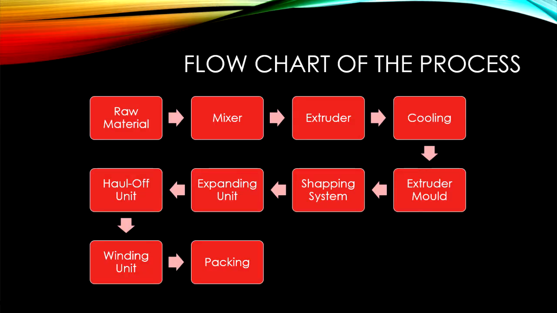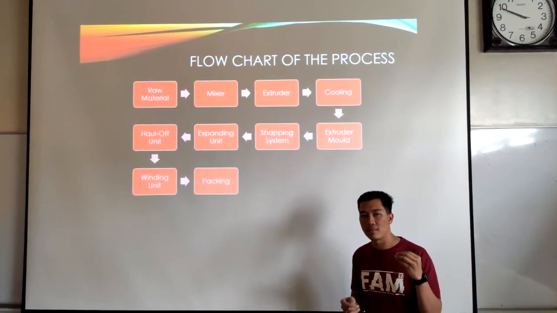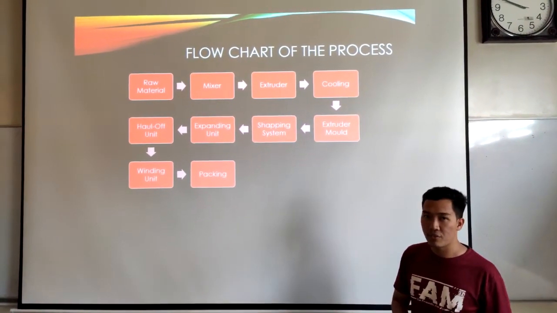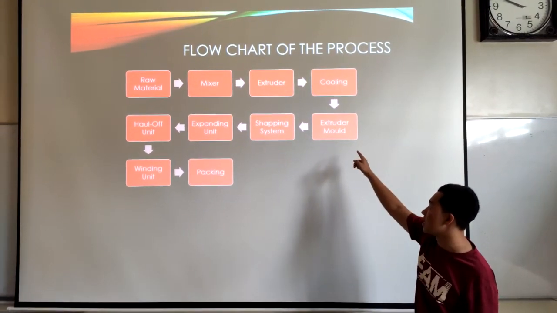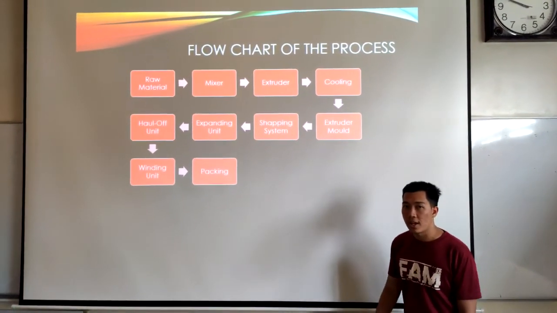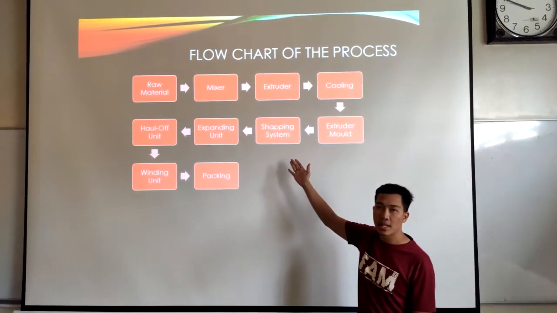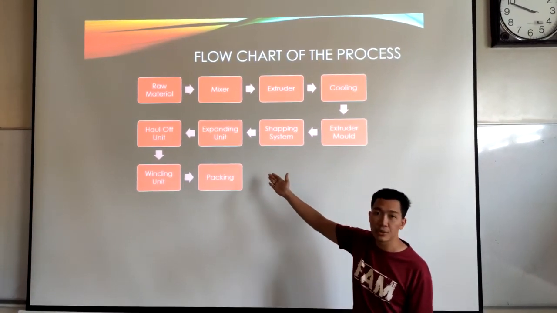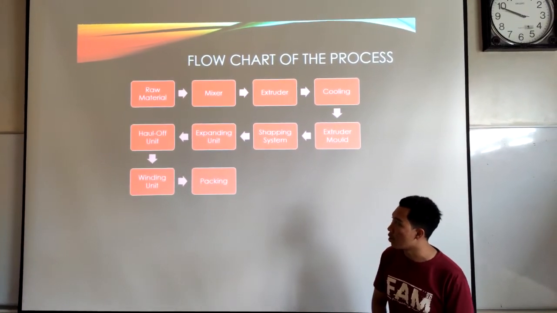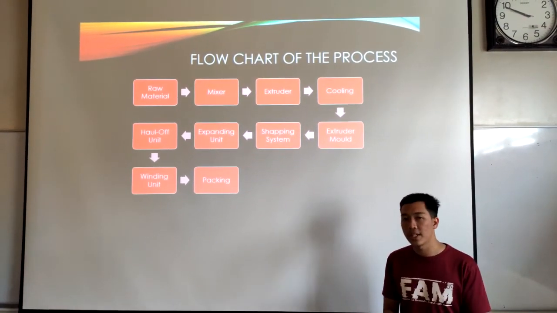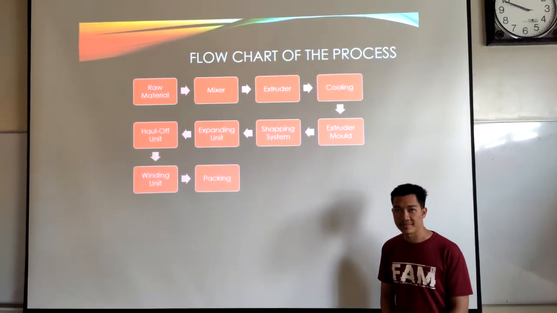Then from the raw material we put the material into the mixer, and the mixer will blow into the extruder, and then from the extruder it will go to the cooling process, and from the cooling process it will go to the extruder mode, and after that from extruder mode it will go to the shaping system, and from the shaping system to the expanding unit, and after that to the front off unit, and after that the winding unit, and the last process is packaging.